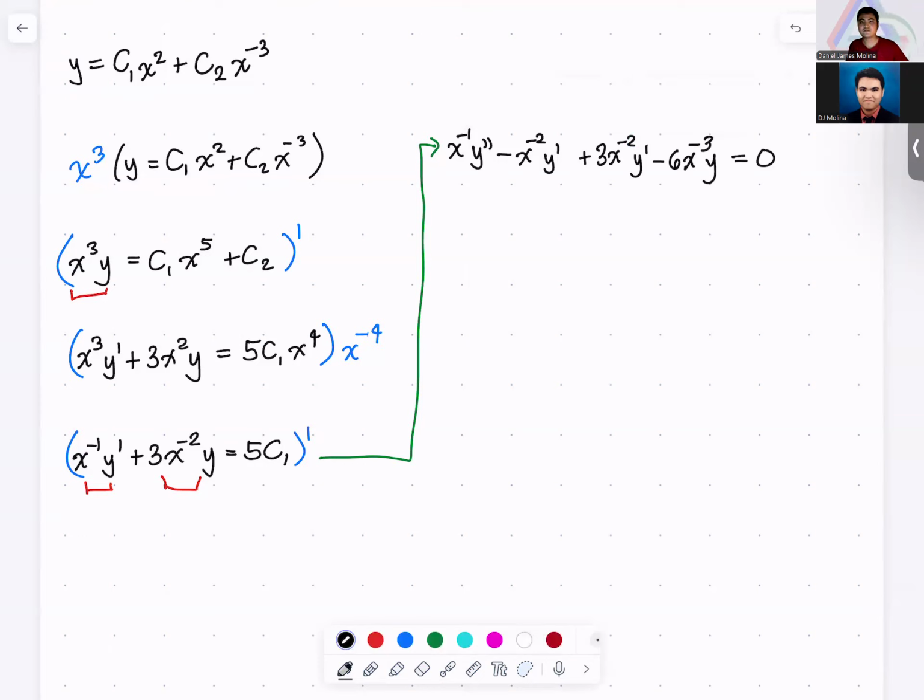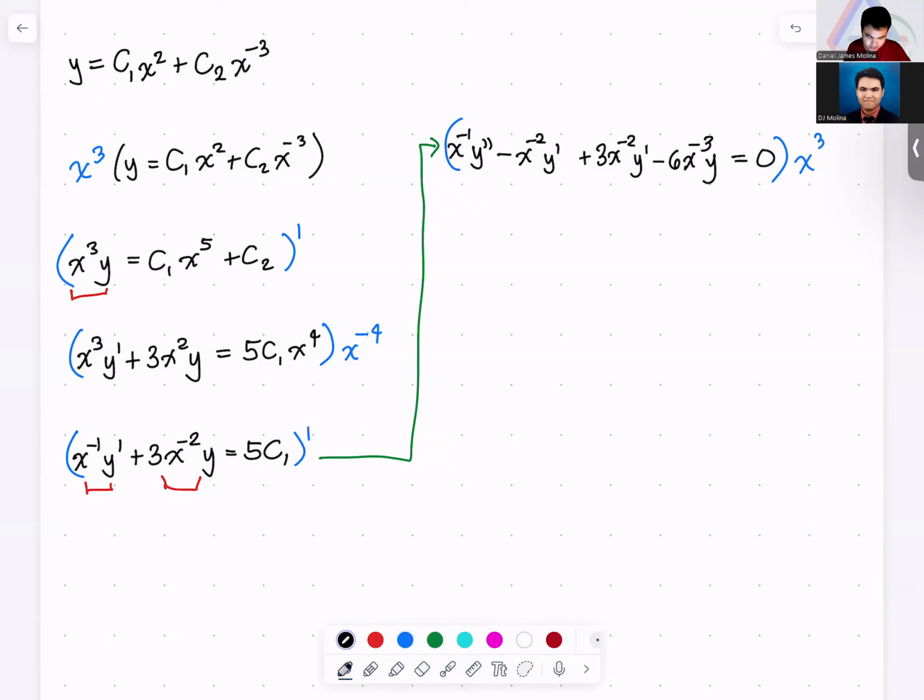There. Now, how do we simplify the whole equation? Of course, we don't want negative exponents in our equation. We never wanted negative exponents. So let's try multiplying the whole equation in a way that the resulting equation would be of lowest degree and would be of positive exponents. Let's multiply x cubed.